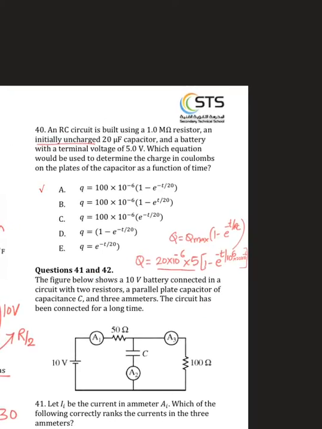This is going to be 100 into 10 to the power of negative 6. So I'll just rewrite it somewhere. So we are going to get this as 100 into 10 to the power of negative 6 times 1 minus e to the power of negative t, and this will be only 20 here because positive 6 and negative 6 will cancel, and we get the answer there.